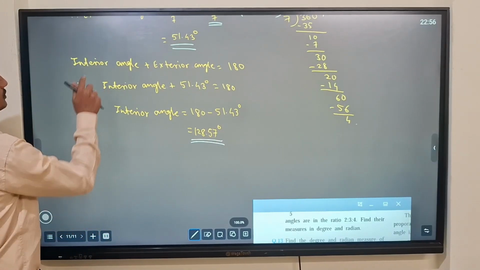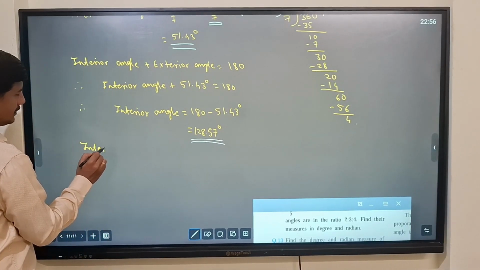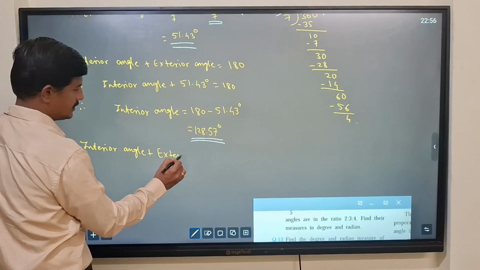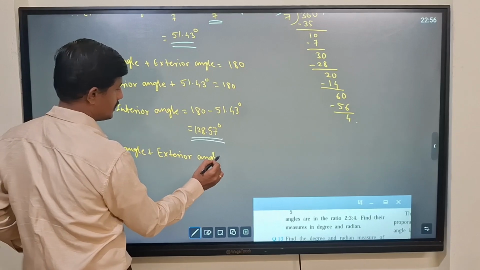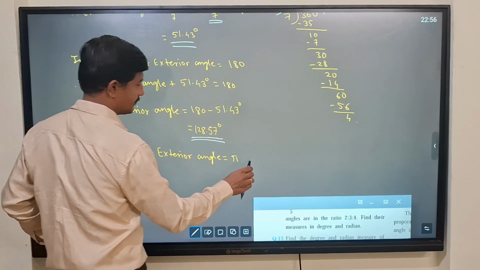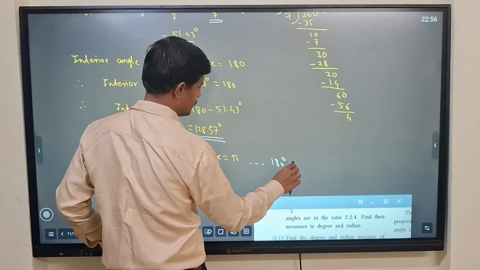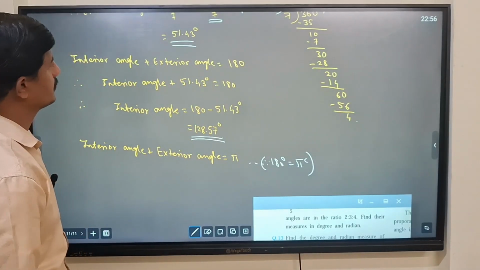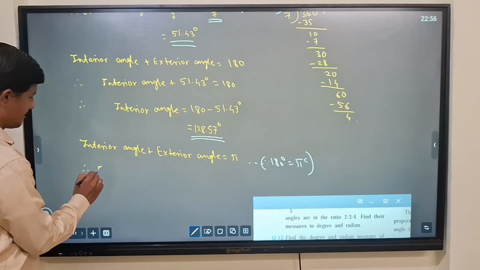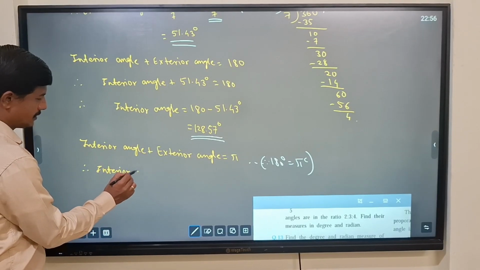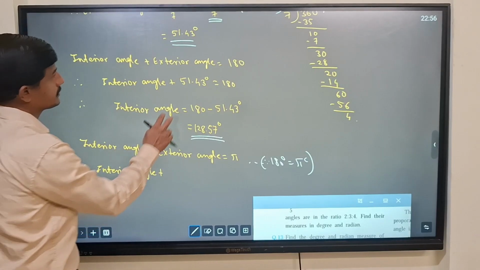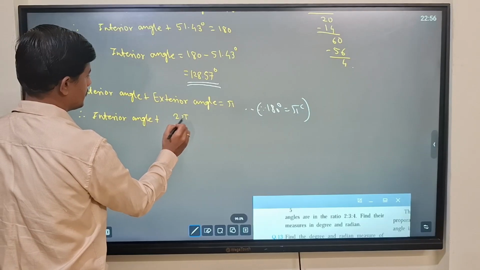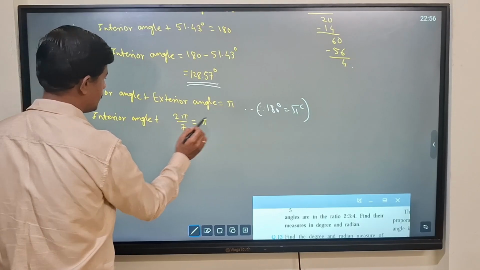Now again I am going to use this formula, interior angle plus exterior angle. 180 degrees is simply pi radian. Therefore, interior angle plus exterior angle, that is 2 pi by 7, equal to pi.